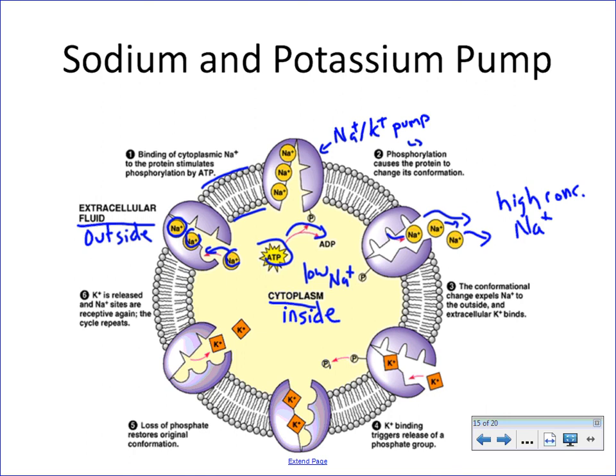In the next step of this process, you have these potassium ions that will bind to the pump. The pump will then change shape, releasing those potassium ions into the cytoplasm of the cell.